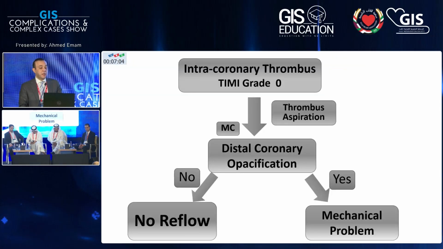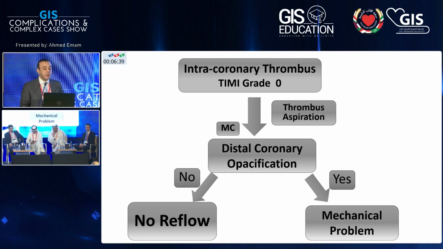So this is my way of dealing with no reflow. If I have no reflow, especially in acute patients, I start with thrombus aspiration. I try as much as I can to avoid pre-dilatation, so as not to make things worse by distal embolization.